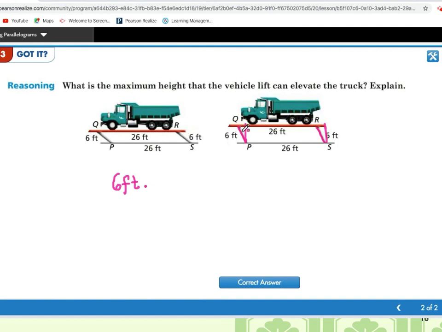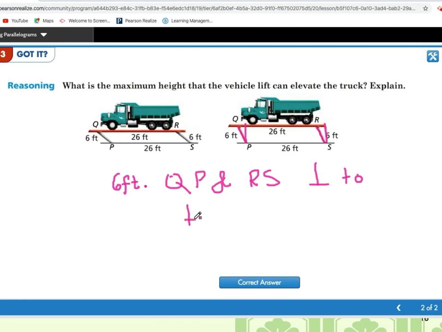When will it occur? It will occur when this side QP and side RS will be perpendicular to the ground.